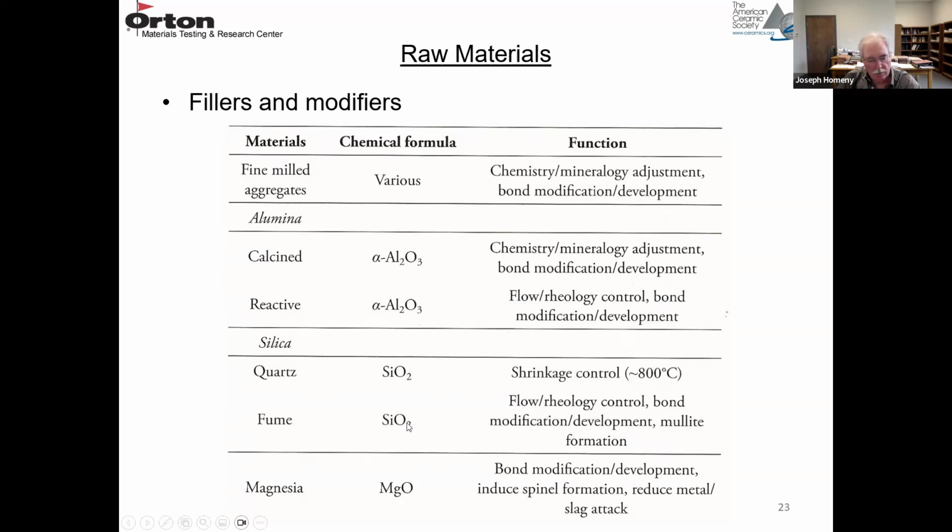Fume silica is usually added to react with a reactive alumina to form mullite in the matrix. And then MgO, again, affects the type of bond and phases that develop. If there's a reactive alumina present, MgO will react with that to form a spinel. And a spinel has good corrosion resistance, so reduced metal or slag attack.